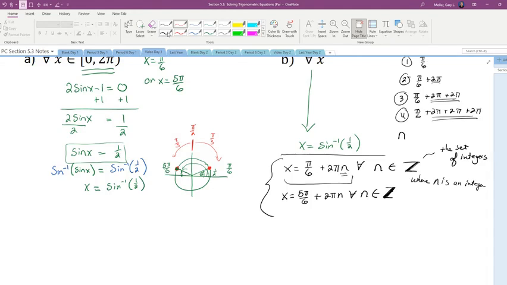So if I'm just looking for a way to describe what the answers are, I could just say it with one statement. I could say, oh, I'm looking for all the angles that start at pi over 2, and then add a pi over 3, or subtract a pi over 3. So that alone gives me the answer of pi over 6 and 5 pi over 6.